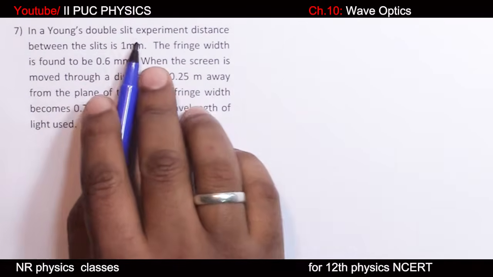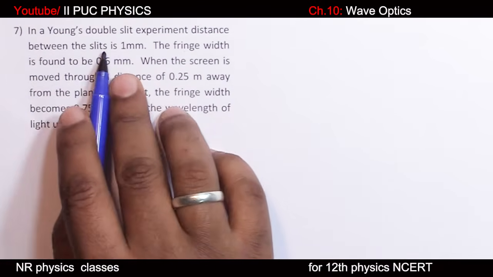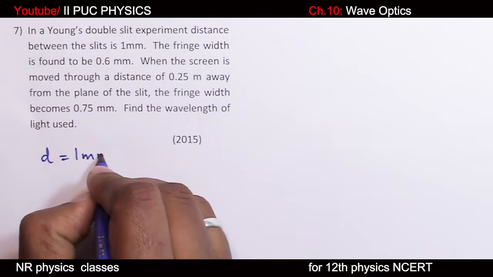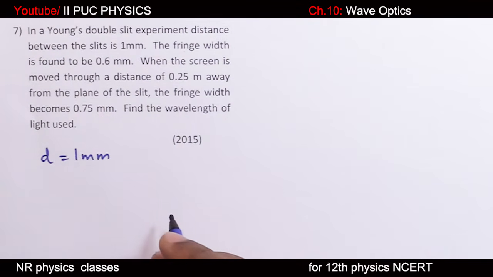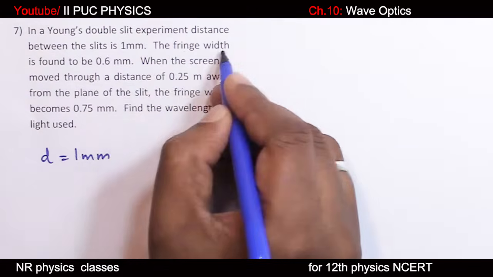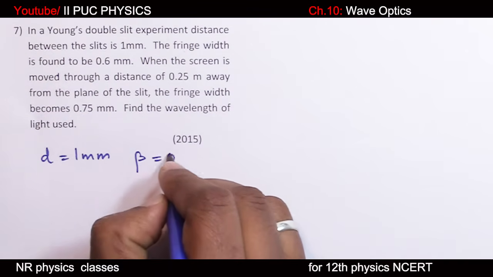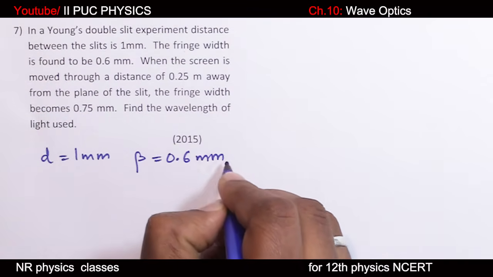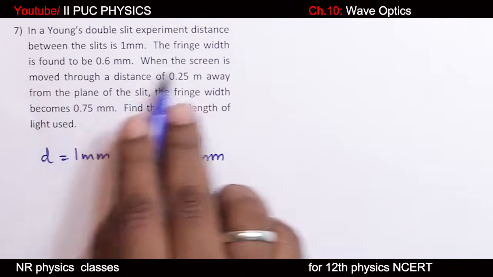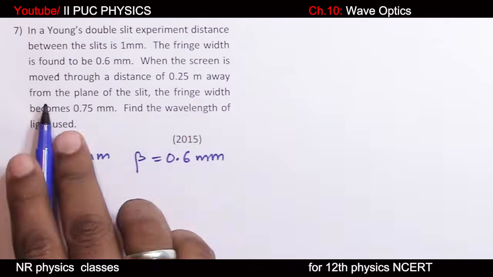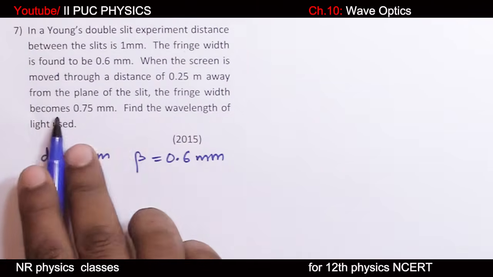In a Young's double slit experiment, the distance between the slits is 1 millimeter. Small d equals 1 millimeter. The fringe width is found to be 0.6 millimeter. Beta equals 0.6 millimeter. When the screen is moved through a distance of 0.25 meter away from the plane of the slit, the fringe width becomes 0.75 millimeter.